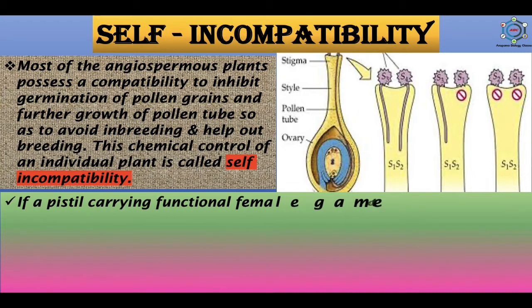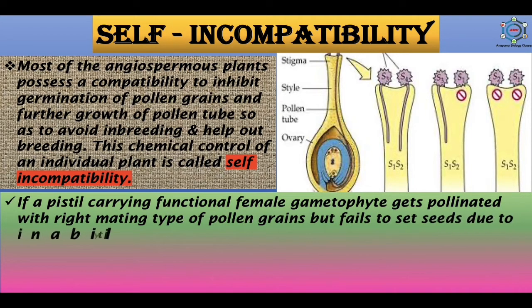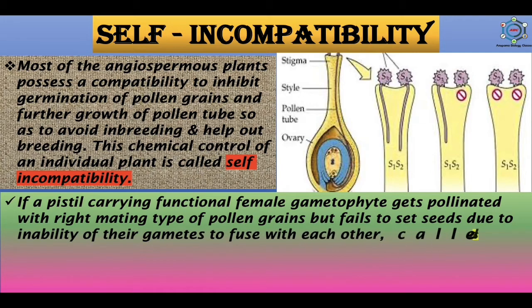Now, if a pistil carrying a functional female gametophyte gets pollinated with the right mating type of pollen grains but fails to set seeds due to the inability of their gametes to fuse with each other, it is called sexual incompatibility. And you know that sexual incompatibility is of two types.